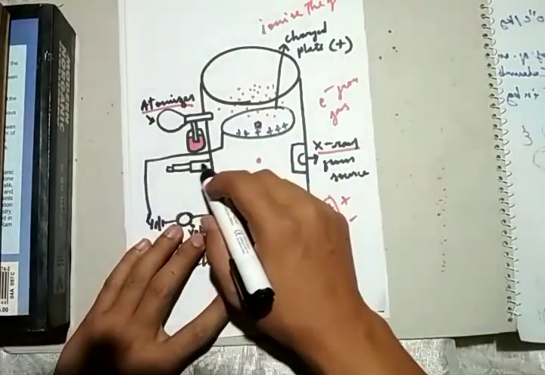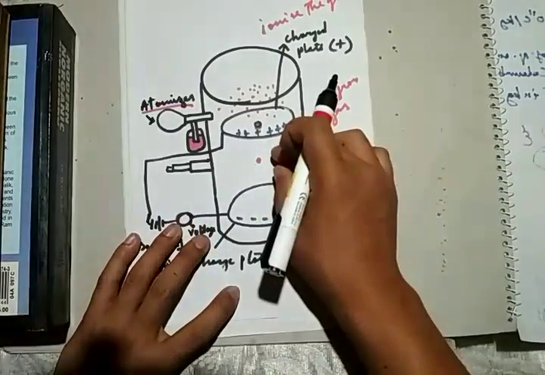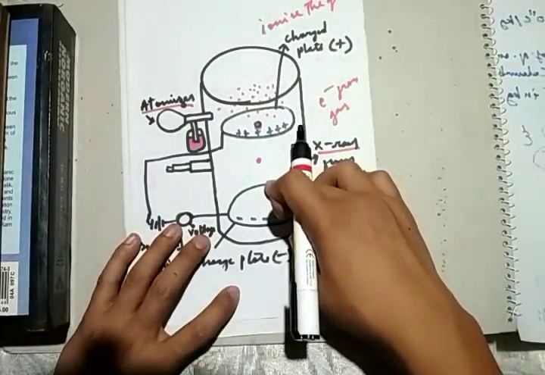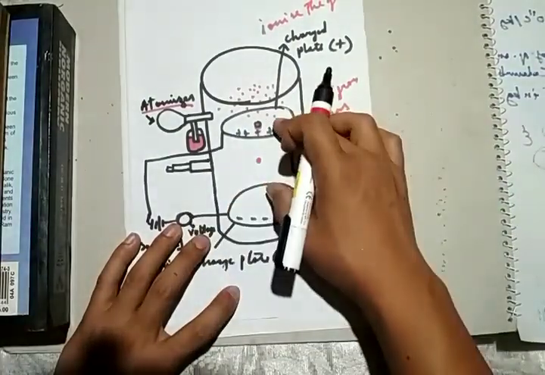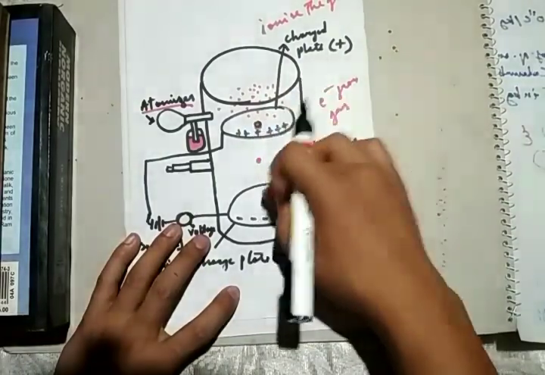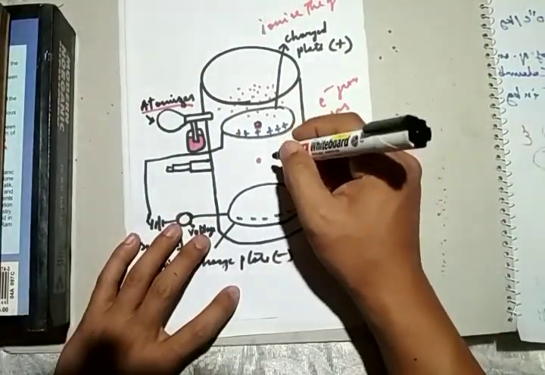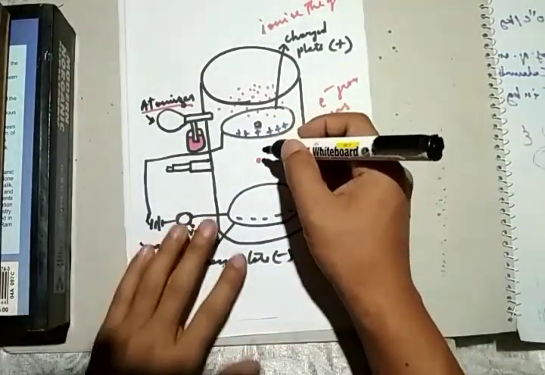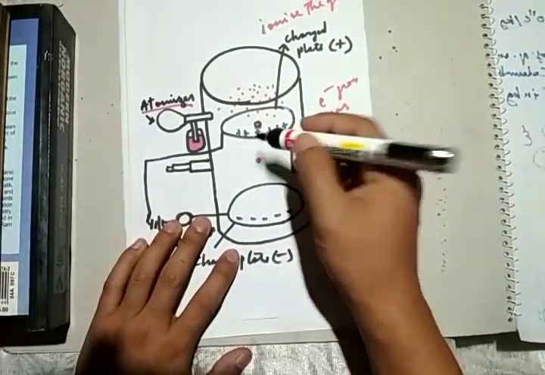So he observed through this telescope, and then he adjusted the voltage in such a way that the gravity force and the electric field force were equal, such that the droplet came to a static position, and he was able to jot down his observations on every droplet that fell through that hole.